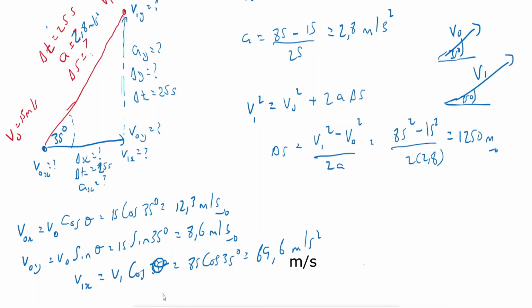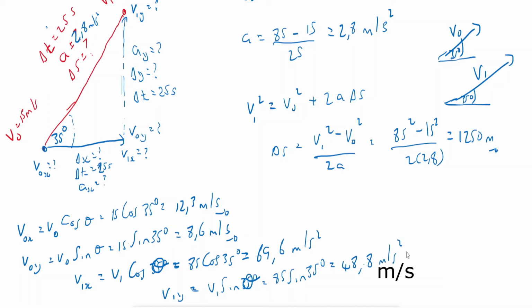And then v1y is going to be v1 sine of 35 degrees. Then this is sine of theta. I don't know why I'm eager to substitute. This is 85 sine of 35 degrees, and this is going to be 48.8 meters per second.